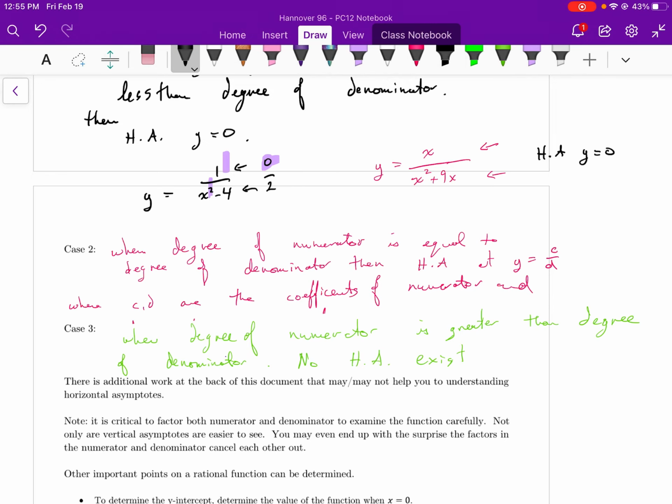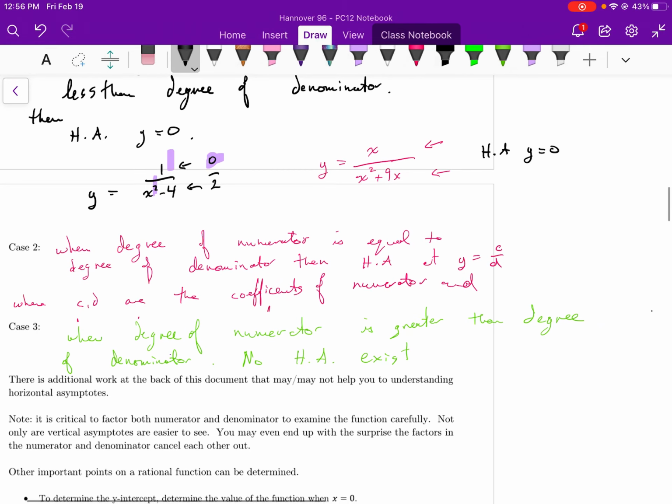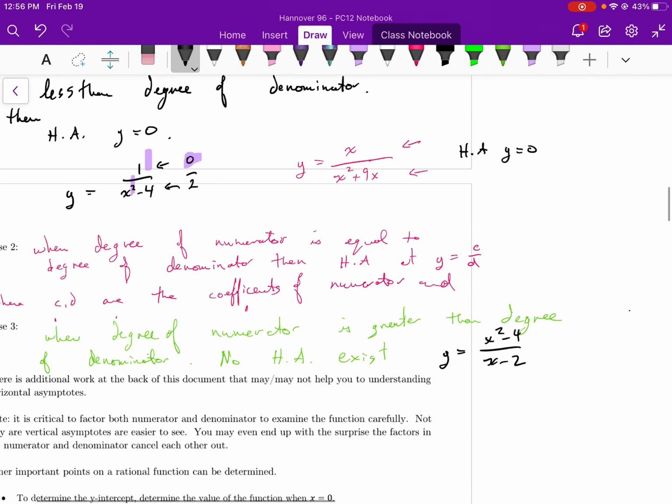This is your first time where we have no asymptote. One example was when we had this. We see that this appeared like a straight line, but it did not have a horizontal asymptote.